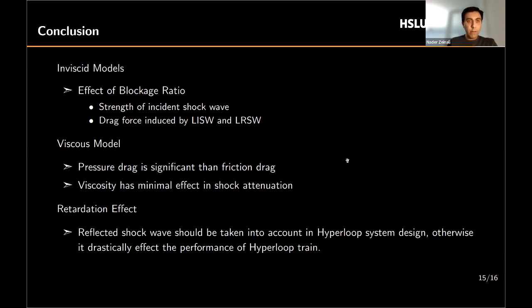And in the retardation effect, we again emphasize the effect of the reflection wave and its importance in Hyperloop design. Otherwise, the Hyperloop train or pod won't be able to operate at the design cruising speed, and it will decelerate.